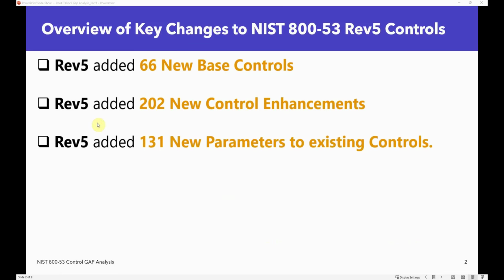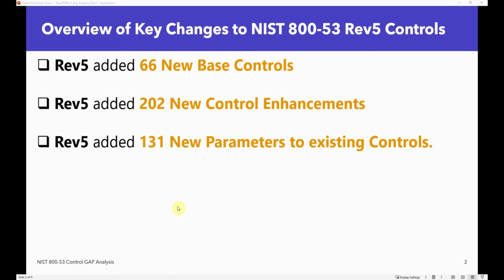Now, moving on, Revision 5 added about 131 new control parameters to the existing controls. Now, what is a control parameter? A control parameter refers to specific settings or values associated with the security controls. For example, IA-5 talks about password settings, right? The length of the password, the history, the complexity of the password, these are what we call the parameters of the controls.